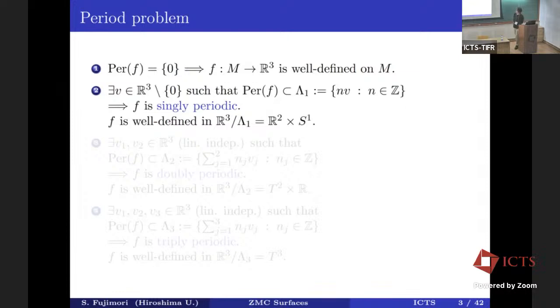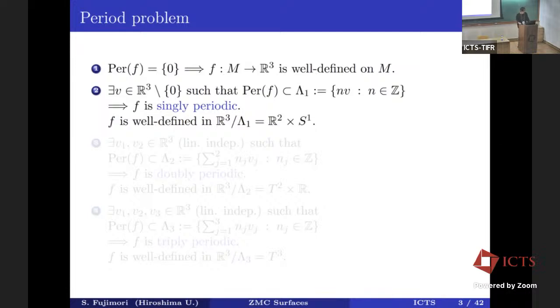If there exists a non-zero vector in R3 such that the period of F is a subset of this set, which can be considered as a one-dimensional lattice, then M is singly periodic in this direction. F is multi-valued, but if we consider the ambient space as R3 modulo this lattice Lambda 1, then F is well defined in this ambient space.